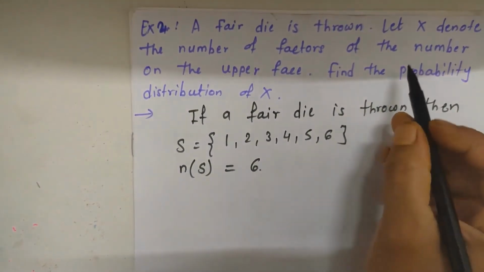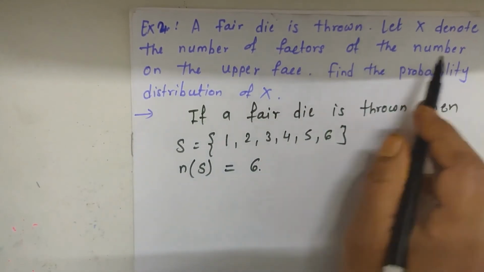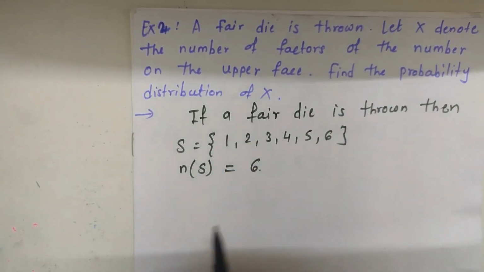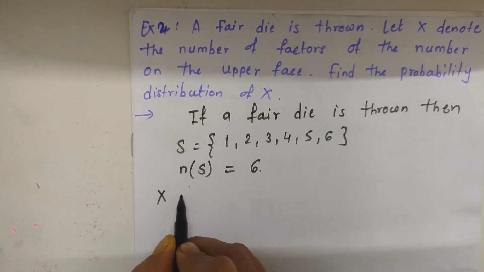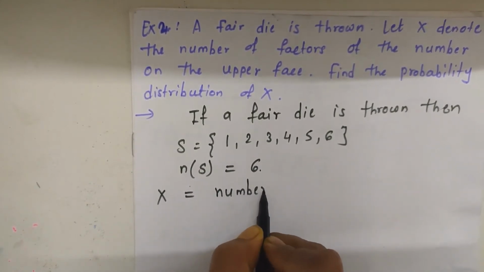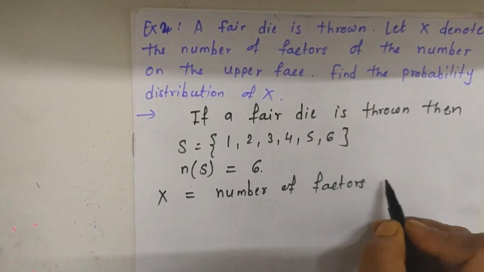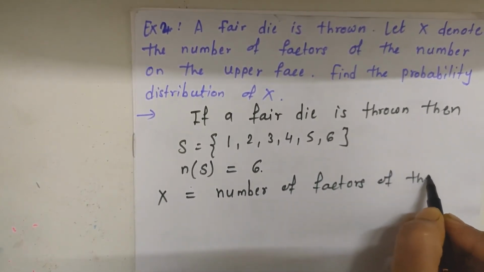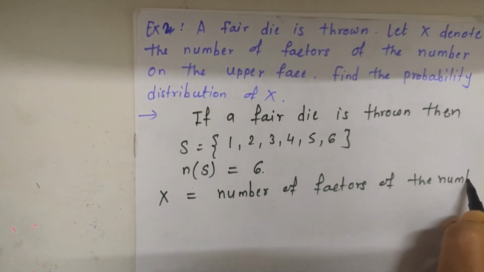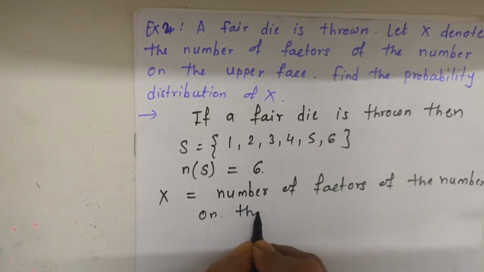Now here the random variable x denotes the number of factors of the number on the upper face. Here x is equal to the number of factors of the number on the upper face of the die.